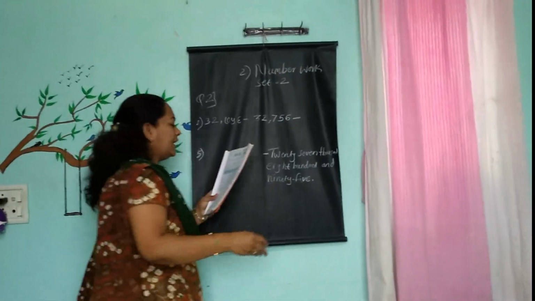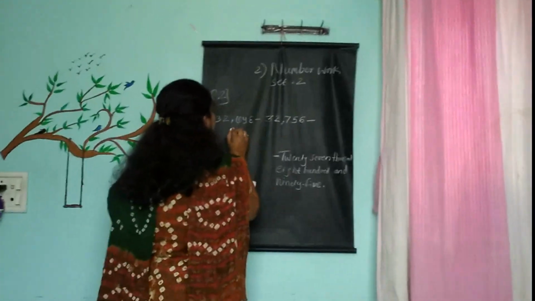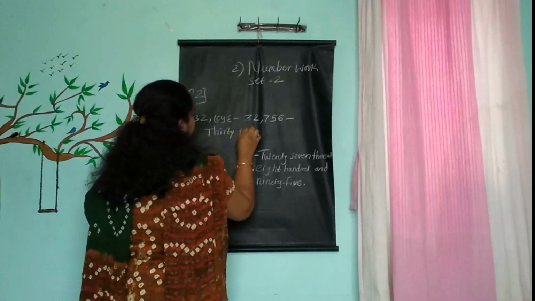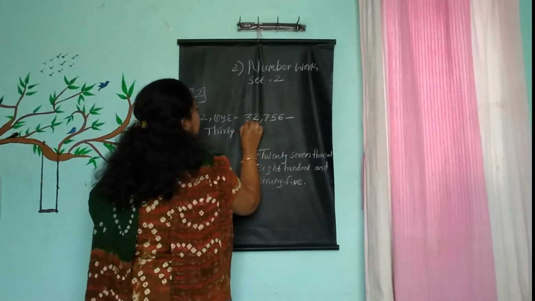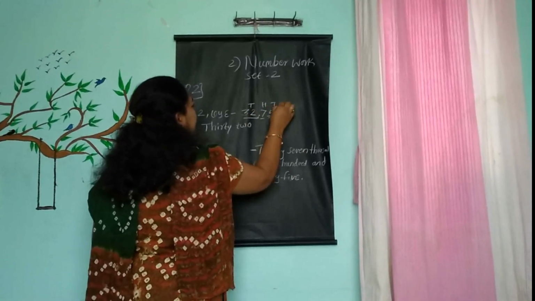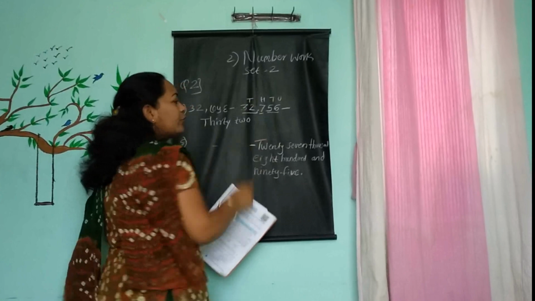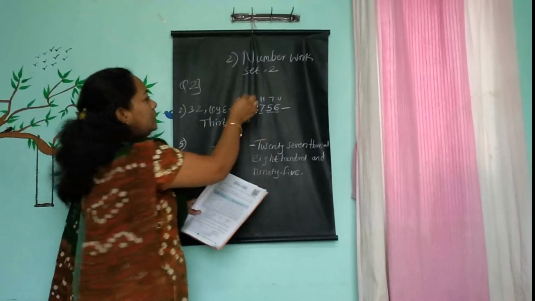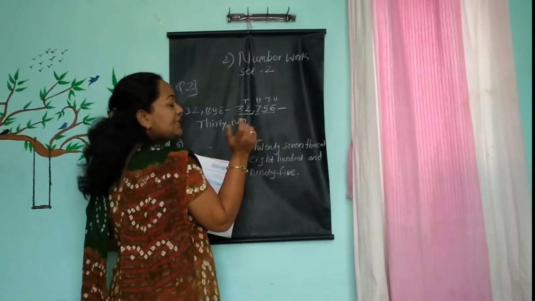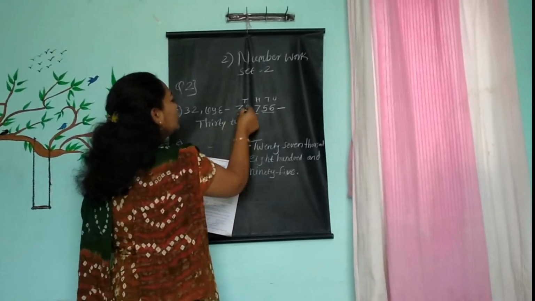When you are writing the answer, you have to write 32,000. This is the thousand place. This is the hundred place. This is the tens and unit place. You may split for your understanding in particular place value names. So it will be easy to write the number 32,000.